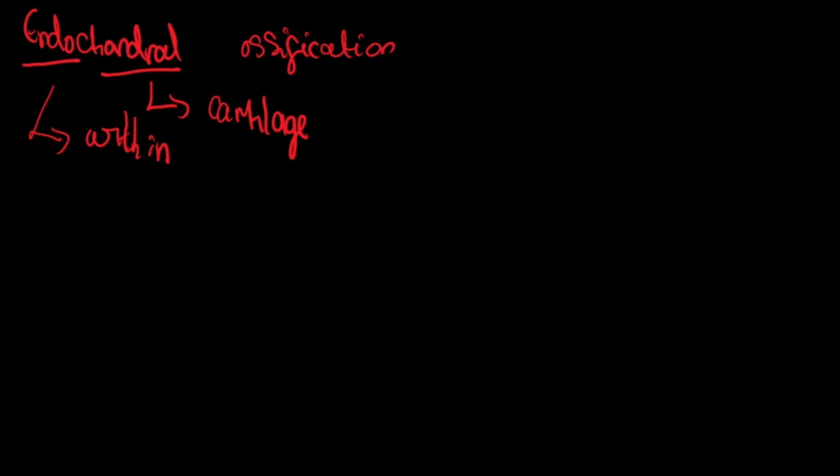Now, it's very important for us to take note of the fact that most of the long bones of the body, apart from the clavicle, are formed this way. As we shall see, this is one of the peculiarities of the clavicle. It's the only long bone in the body that doesn't exhibit endochondral ossification, although some texts would have that some part of the clavicle exhibits endochondral ossification and some part exhibits intramembranous ossification.